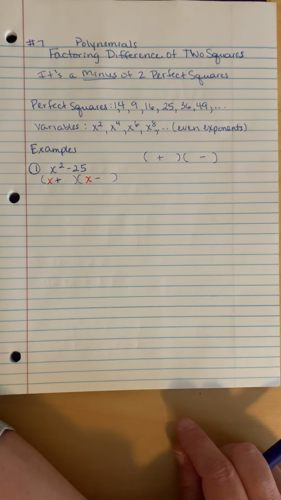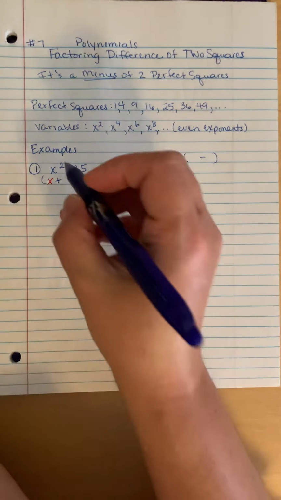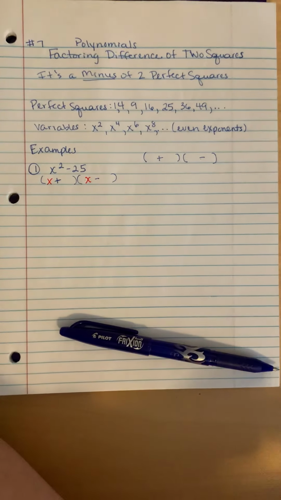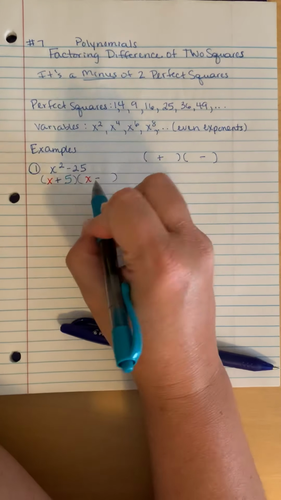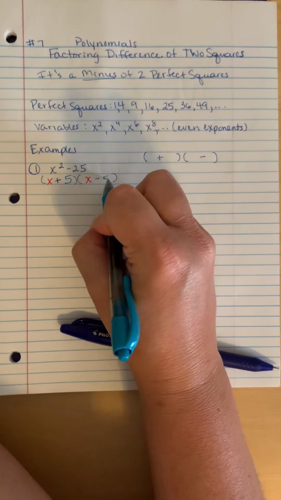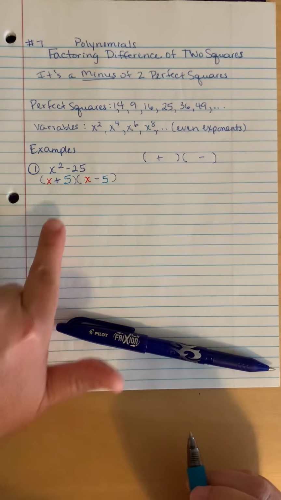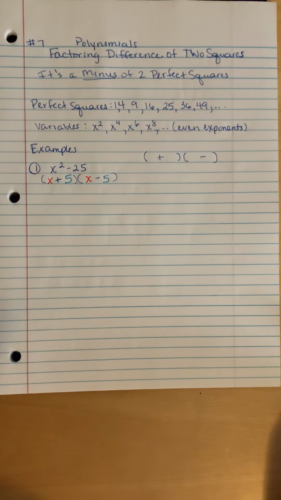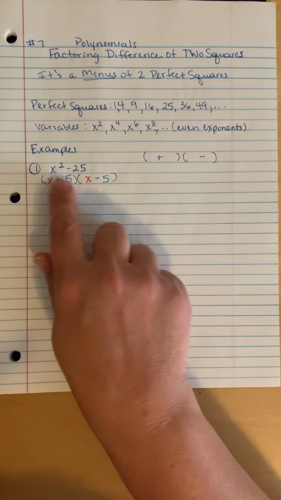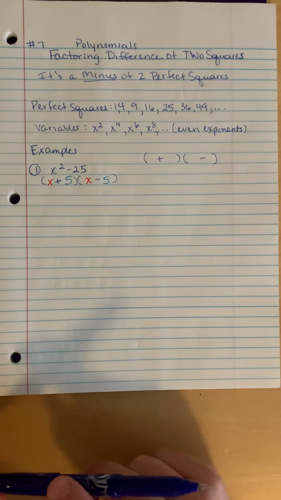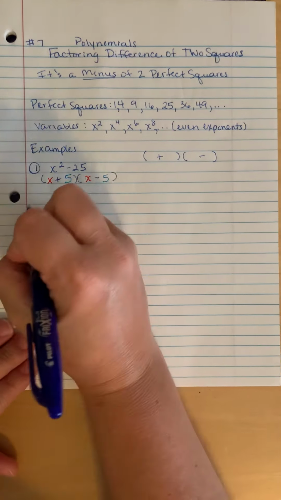So I'm hoping you're thinking 5 and negative 5. So you need a positive 5, and that minus sign right there takes care of that negative 5 for us. So this right here is factored for us. If we FOILed this out like we did last week, then you should get the same answer up here. And that always will work for us.